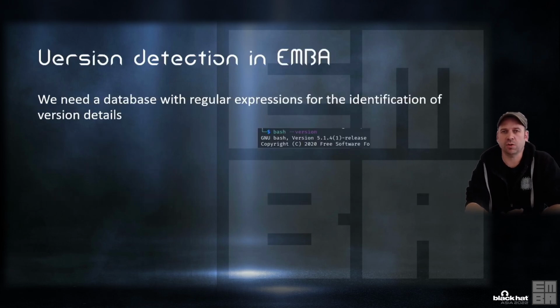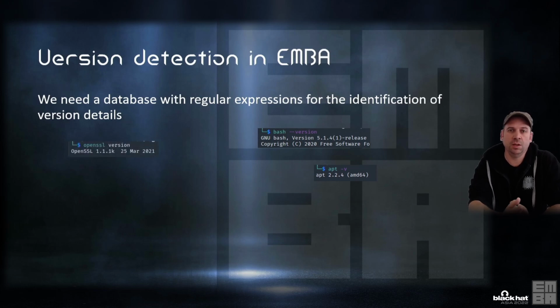So let's have a short look. For example, if you check out bash on your Linux system, you can query the version of bash with --version, and then you get something back like GNU bash, version something. It's no problem for you as a human to identify this as a version identifier. But EMBA, we will see it a little bit later. On another software component, apt, you do apt -v, and then you get apt and the version number.